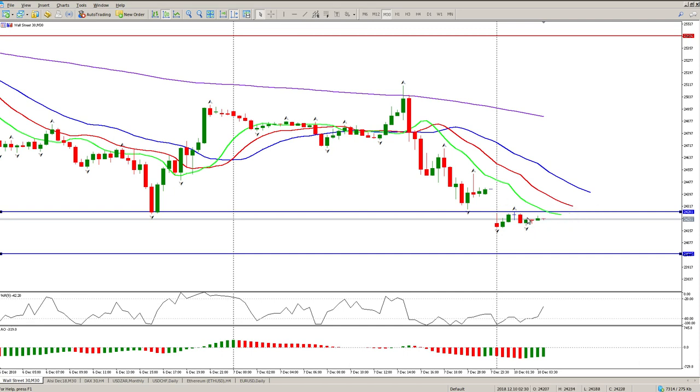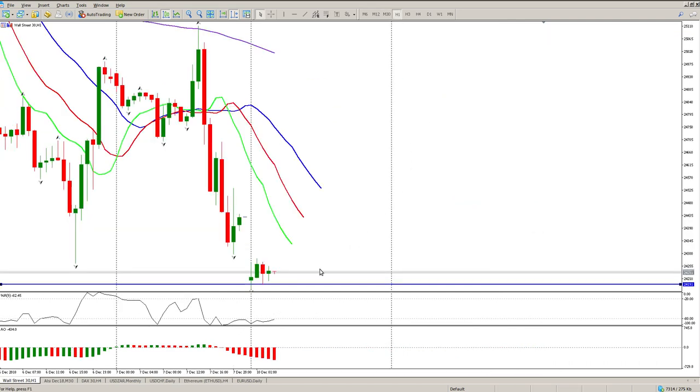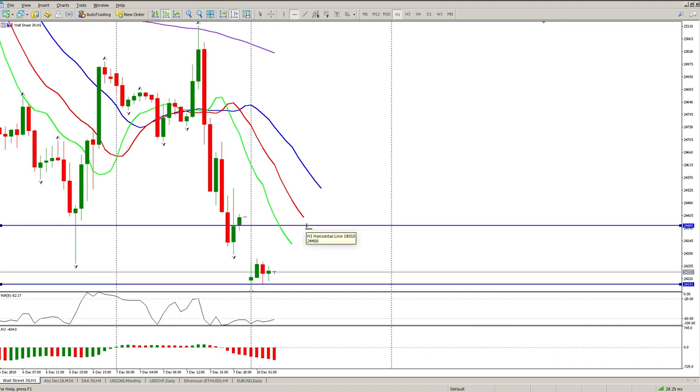A valid signal to the downside would be a break of this fractal. But I would actually like to see a little bit more of a rally, even a gap close. So come up to close the gap here, and either the bottom of this bar or the top of the bar.